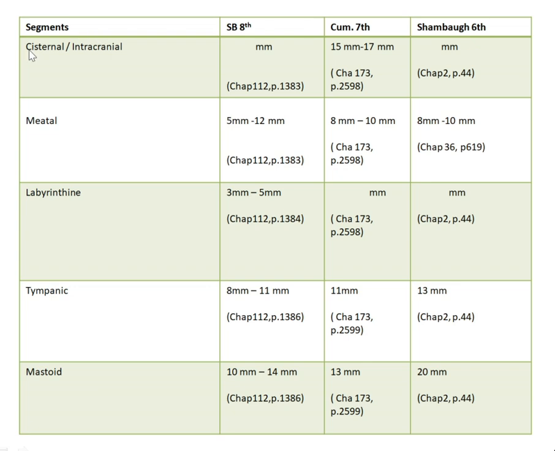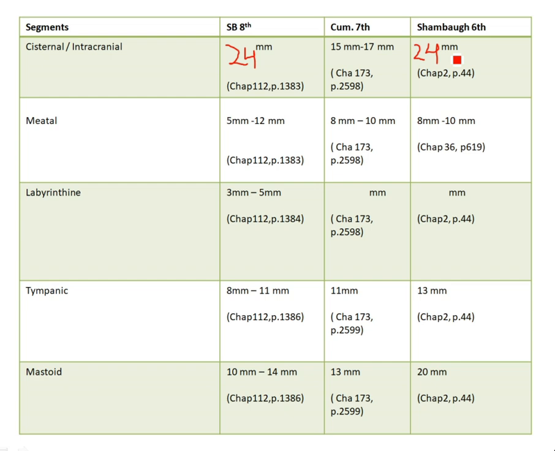Cisternal or intracranial segment: Scott Brown 8th mentions the intracranial segment as the cisternal segment, and it is 24 millimeters in length. Similarly, Shambaugh 6th also mentions the length of the intracranial segment to be 24 millimeters.